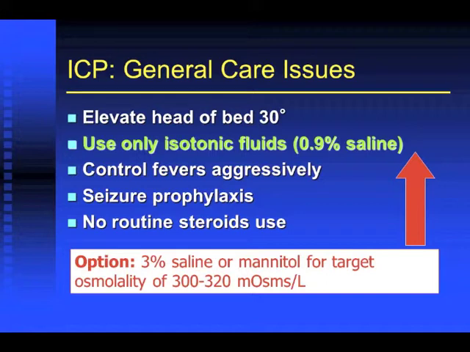Now, recently there's been this concept, and I don't know how much it's extended into this part of the world, but in America about 10 or 15 years ago, people said, well, if normal saline is good, then hypertonic saline must be better.